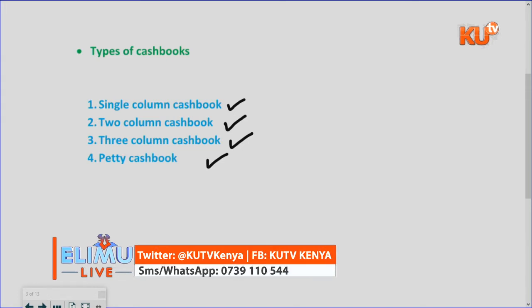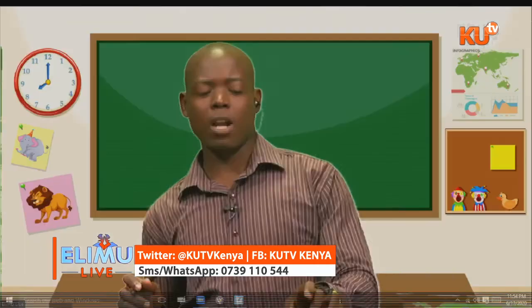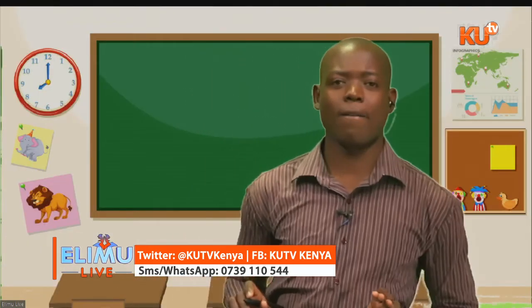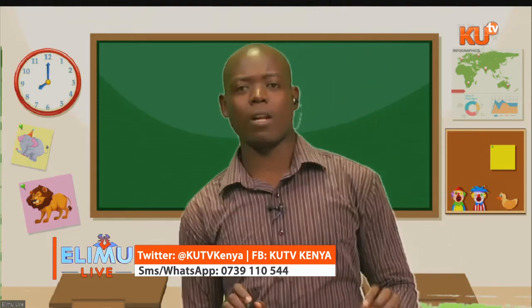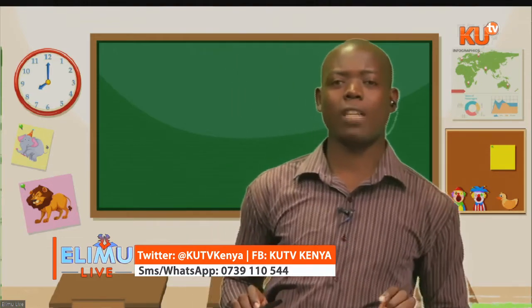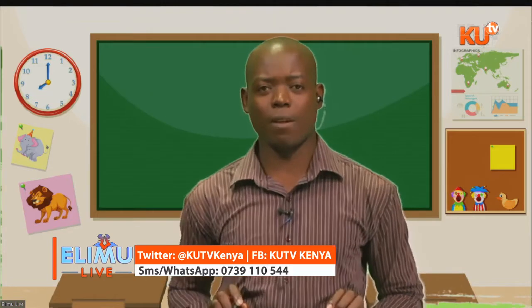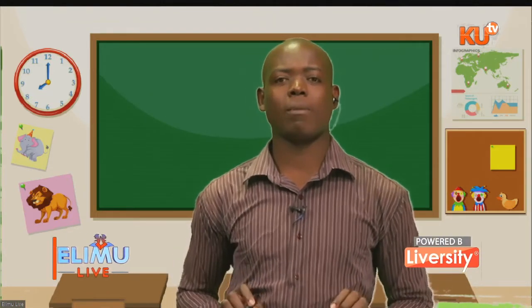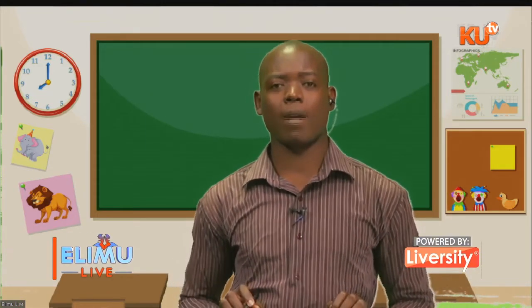And that's why, for our lesson today, we are going to discuss the first 3 types of cash books. But because of time, we may not look at all of them, and we'll focus mostly on the 2-column cash book.